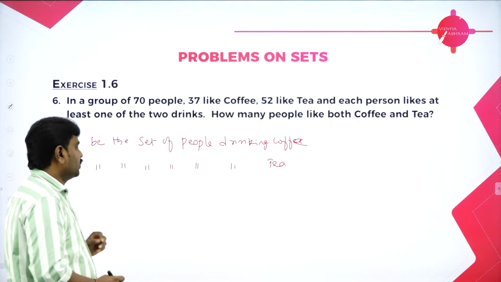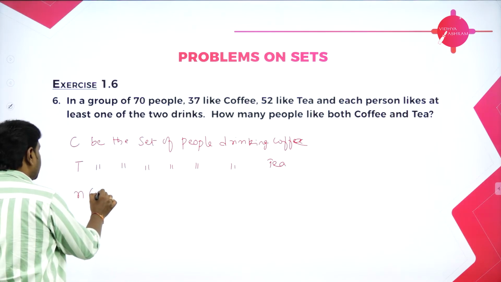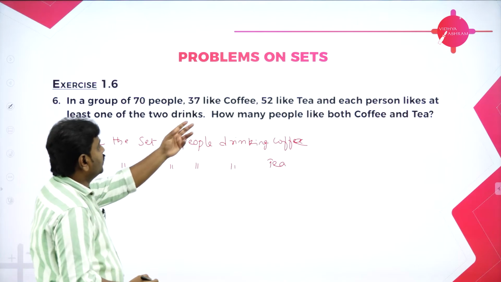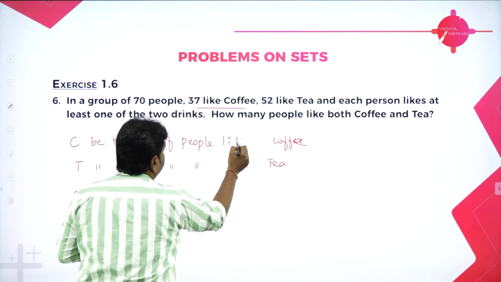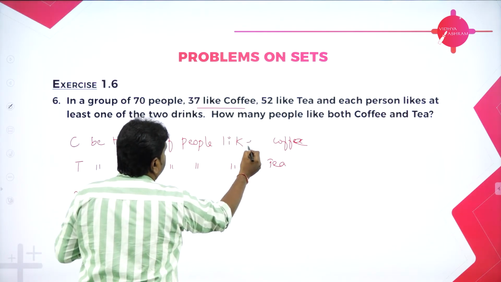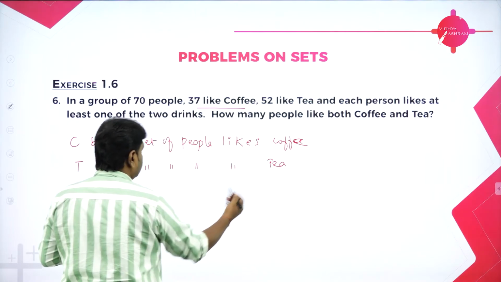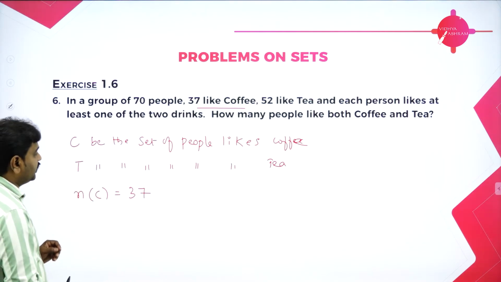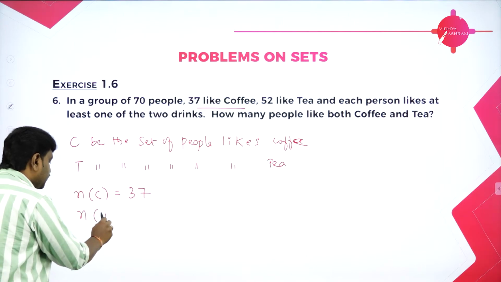This is given. So N of C they gave 37. Number of people drinking tea also is given.